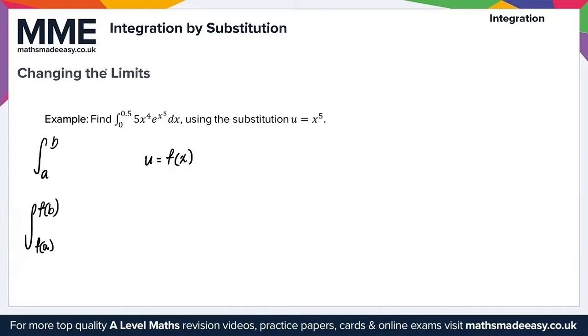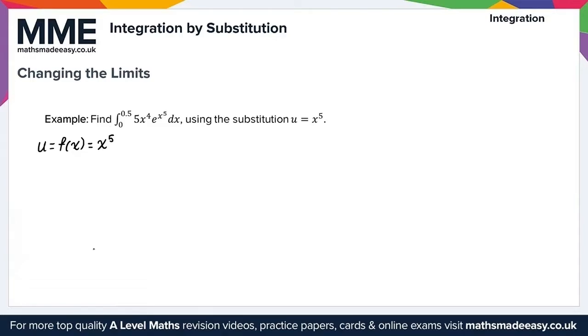If we take a look at this example, let's just clear this so we've got enough room. In this case, we're looking to find the integral of 5x to the 4 e to the x to the 5 with respect to x, with these limits. And we know u is equal to x to the 5. So u is equal to f of x, which is x to the 5.